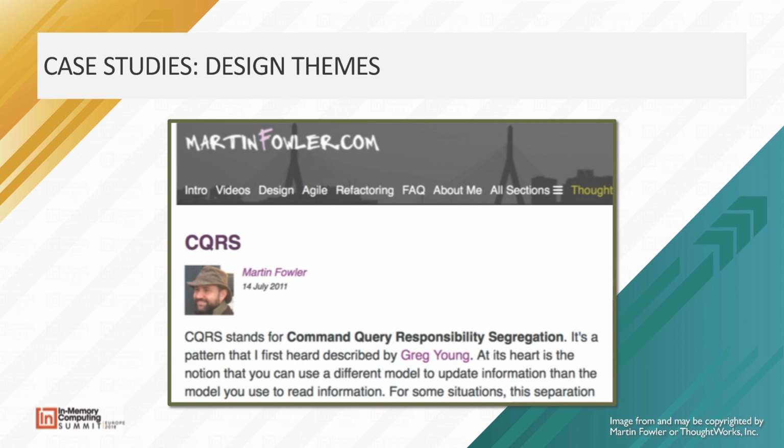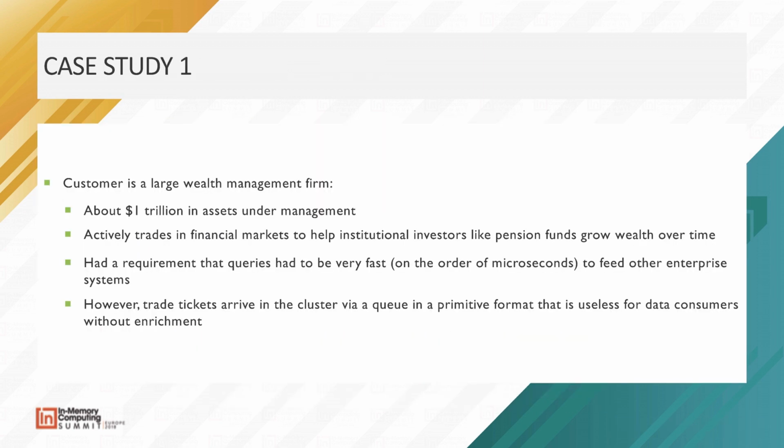Multi-cluster designs are ideal ways of implementing CQRS architectures. And at least the two case studies we're going to bring up here both take advantage of this. So case study 1, customer is a large wealth management firm.